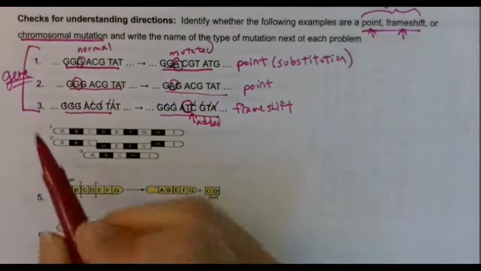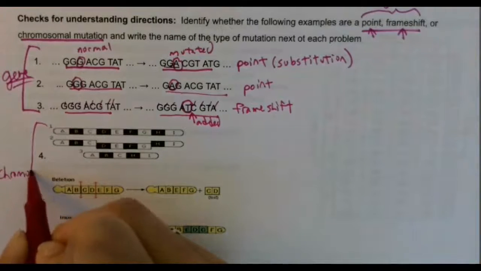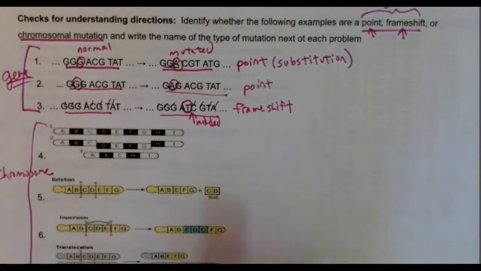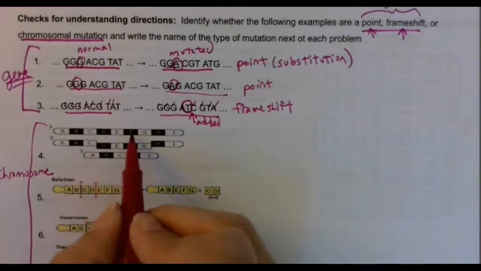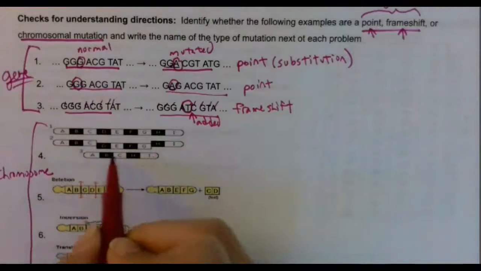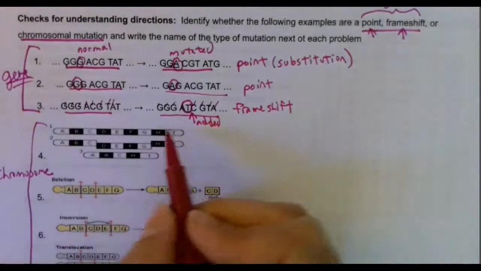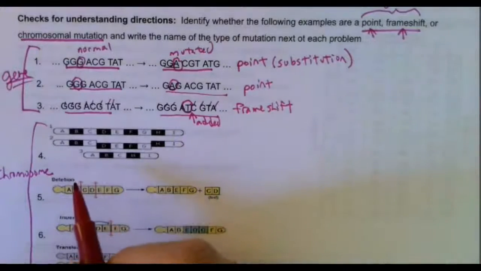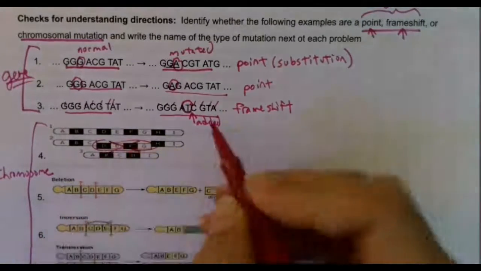Right? 4, 5, 6, and 7 are all going to be chromosome mutations because entire chromosomes are affected. Remember, the letters here equal entire genes. So here you can see 2 chromosomes, A, B, C, D, E, F, G, H, I, and A, B, C, H, I. It looks like this entire part was deleted.